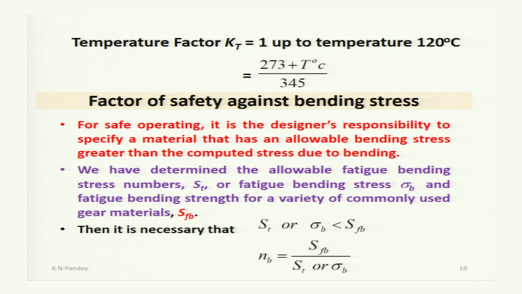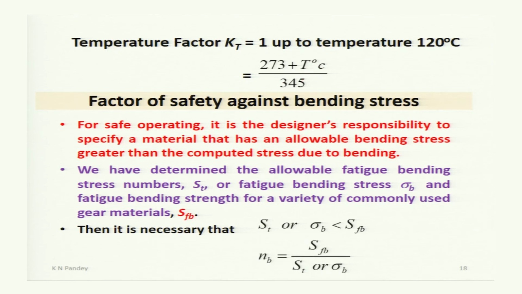Now, the temperature factor KT is equal to 1 up to a temperature of 120 degrees centigrade, and above that you will use the formula 273 plus T, the temperature in degrees centigrade, divided by 345.